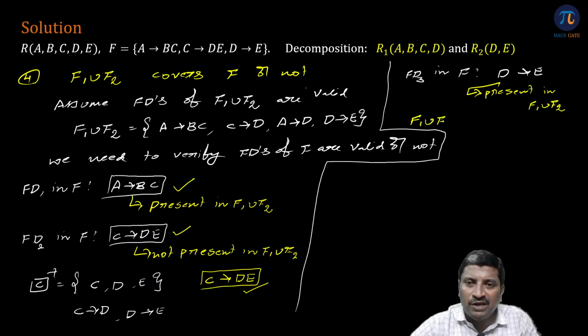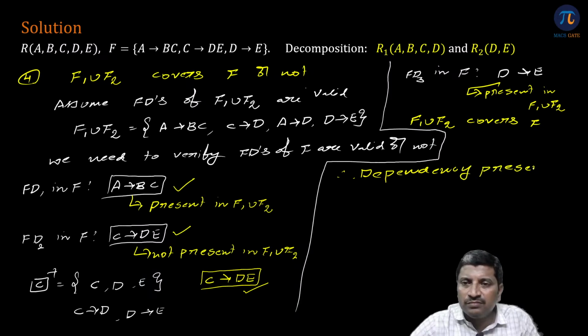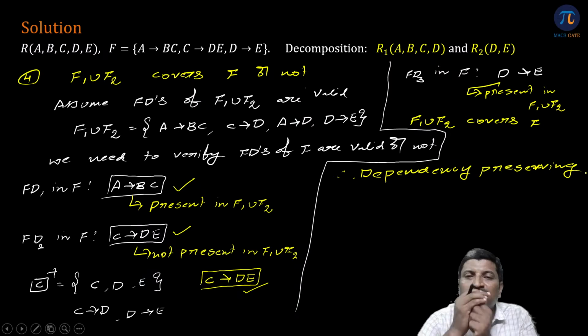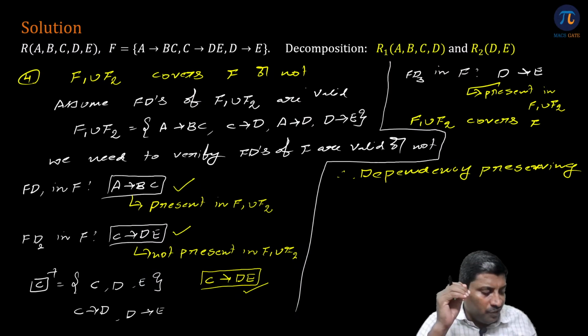You can say F1 union F2 covers F. So what is your conclusion, sir? It is a dependency preserving decomposition, because we are preserving all the FDs of F. Okay, just go through it, sir. If you have any doubts, please raise in chat box.